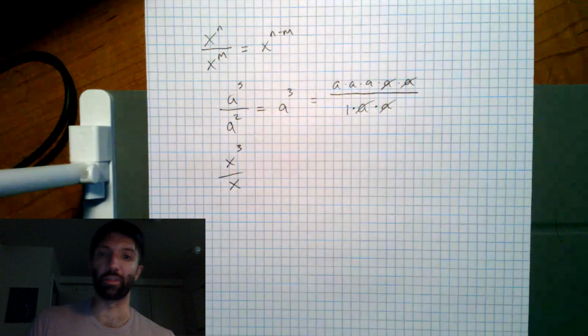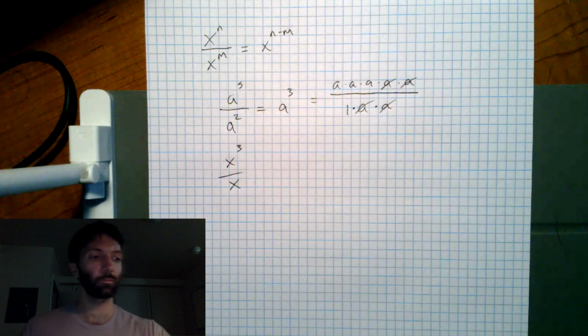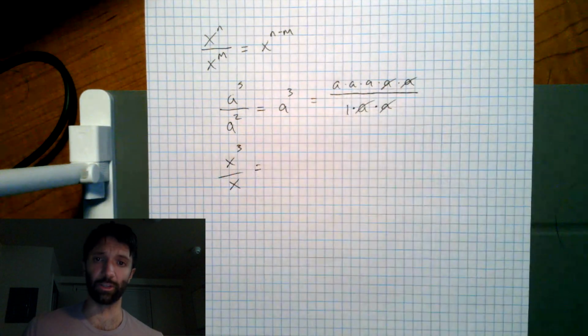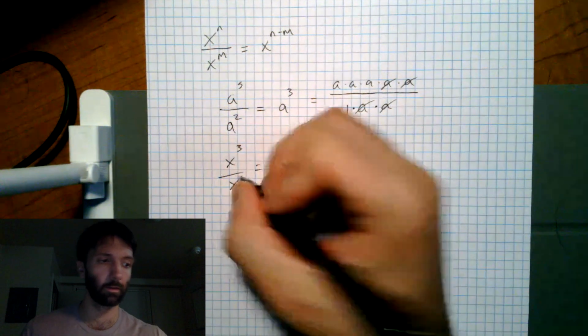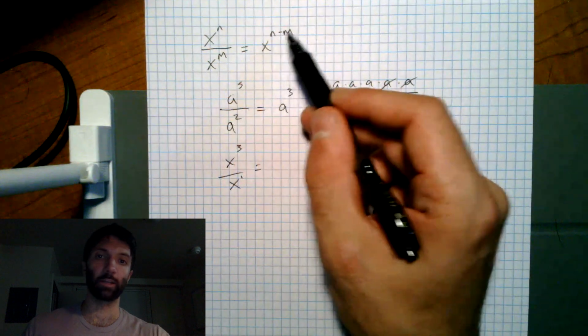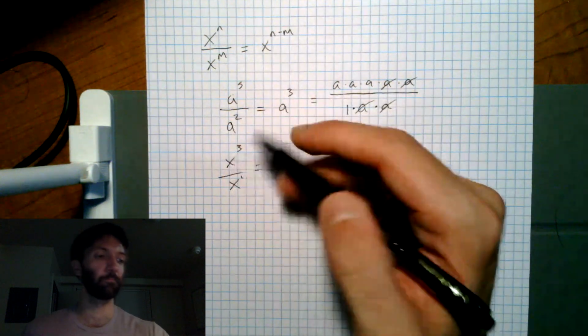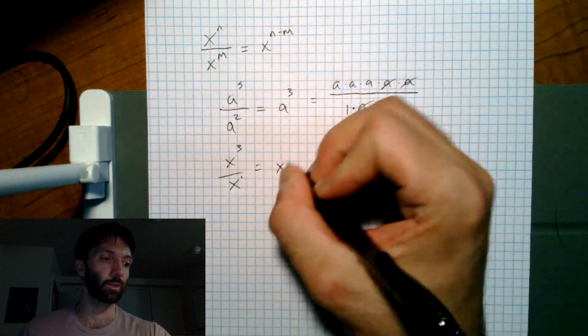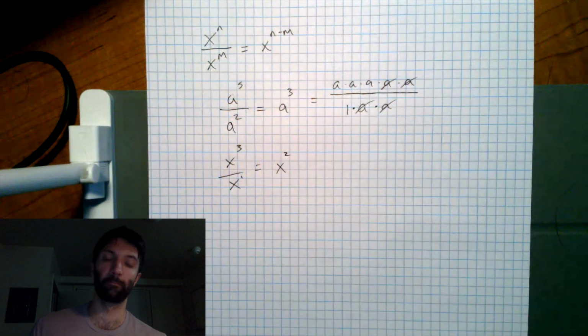Say we have x to the third divided by x. All right, well, we know that x is just x to the first power, right? And so our rule tells us that we should be able to subtract our exponents since we have like bases here. And so 3 minus 1 is 2, so we have x to the second power.